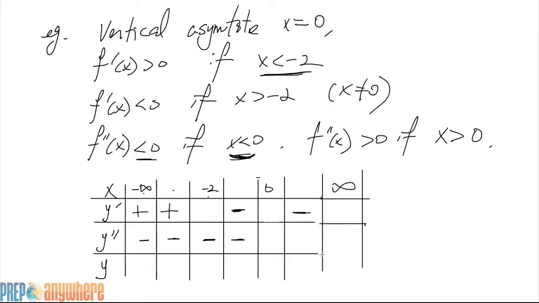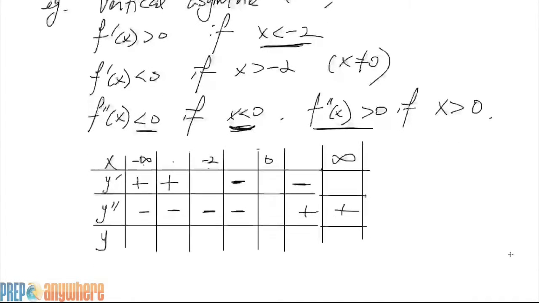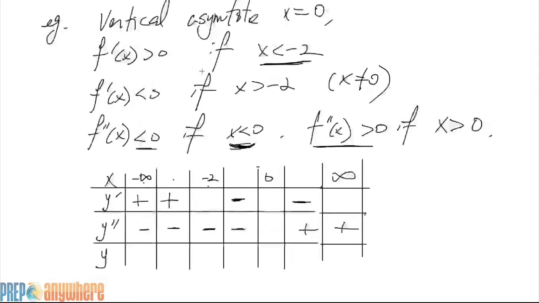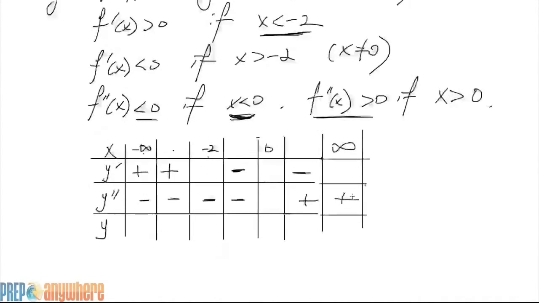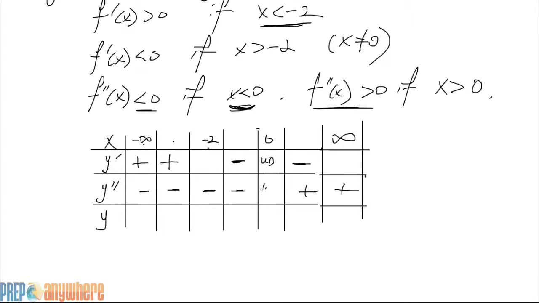So now here it says it's positive here, right? So now you can forget about all this information except for perhaps this one. It's very important later. It's undefined here. Undefined, undefined. Maybe you can put vertical asymptote here. Okay?